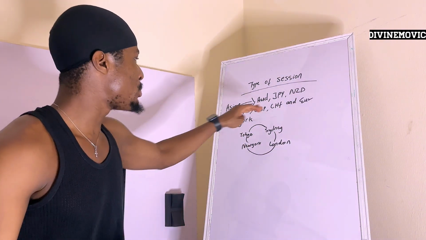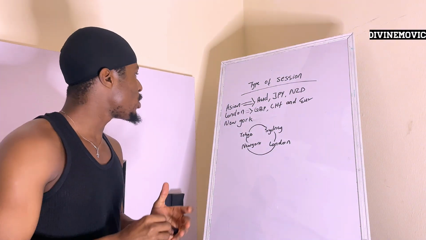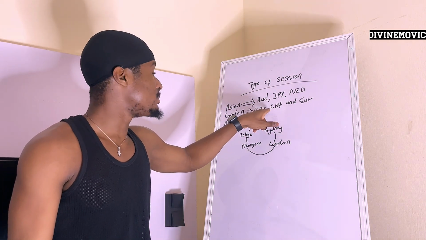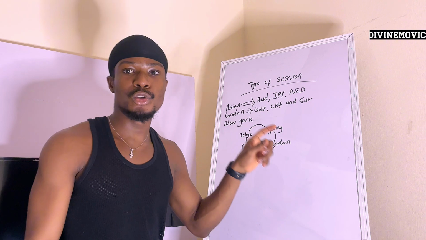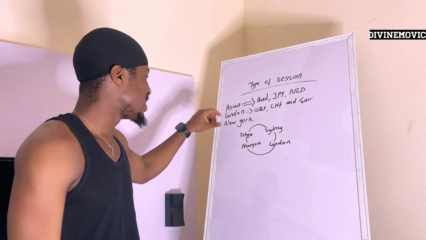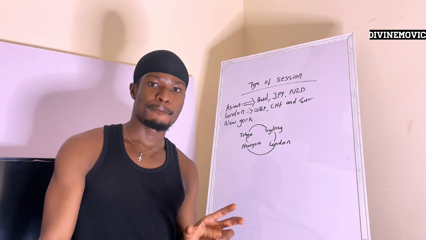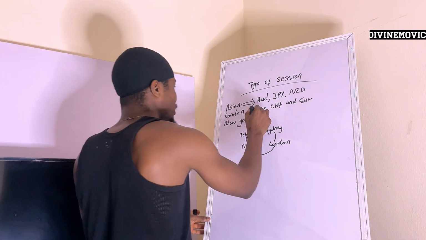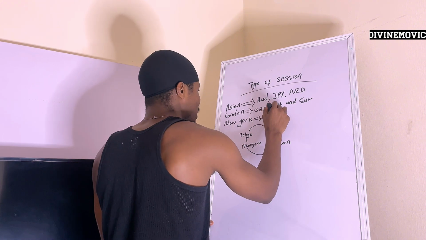These are referred to as European sessions, and it favors any pair that is paired with GBP, CHF, and Euro. These pairs are going to be volatile during the London session. Now we'll have the New York session, which is referred to as the USD.